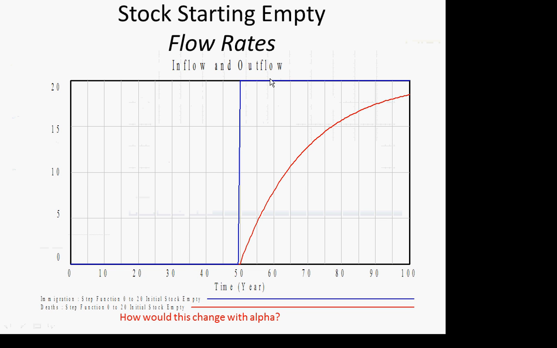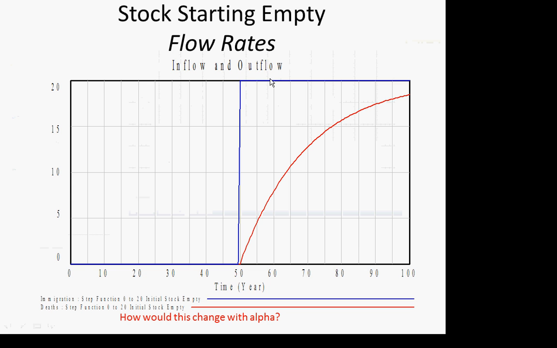If we have a very, very large mean time, remember the outflow formula is given by the value of the stock divided by the mean time, the delay. And so if we have a very large mean time in that stock, the value of the flow will tend to be what? Smaller initially, and eventually it will reach that equilibrium. The outflow will reach that same equilibrium level. It'll just take a longer time to do it. Okay?